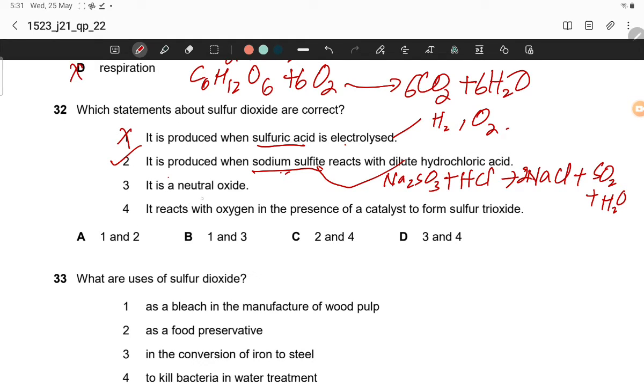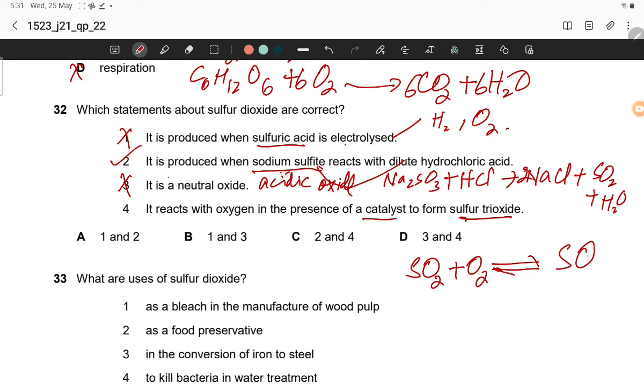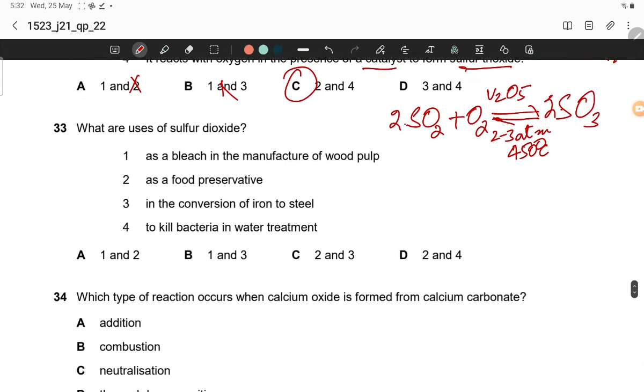So it is correct. It is a neutral oxide. No, this is incorrect. It is an acidic oxide. It reacts with oxygen in the presence of a catalyst to form sulfur trioxide. Yes, SO2 plus oxygen to form sulfur trioxide, in the presence of V2O5 at 2 to 3 atmospheric pressure and 450 degrees centigrade. So it is correct. 1 and 2, 1 and 3, 2 and 4 is the correct option.